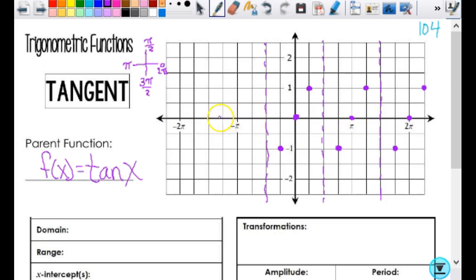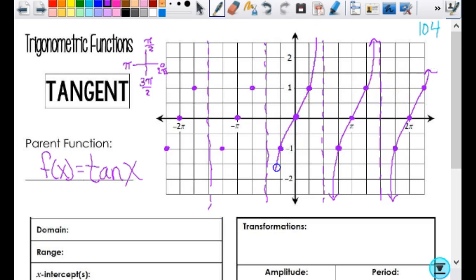So 1, 2, 3, 4. Asymptote. Halfway in between. And then you have your points like this. And then remember that what we know about asymptotes and graphing, we can sketch in the curve. We don't have to worry about the values. It's not necessary.